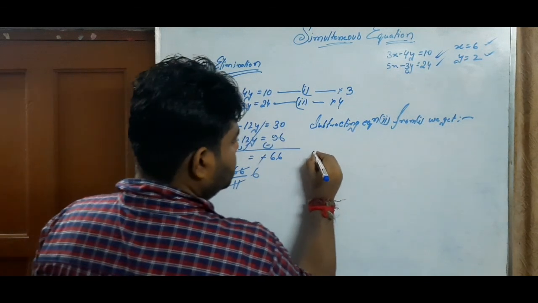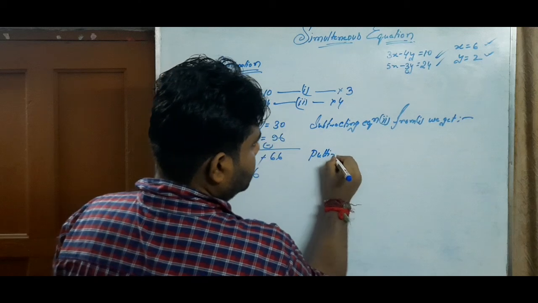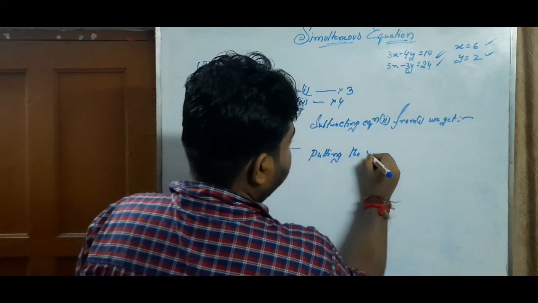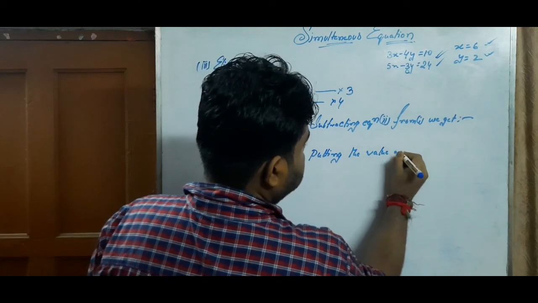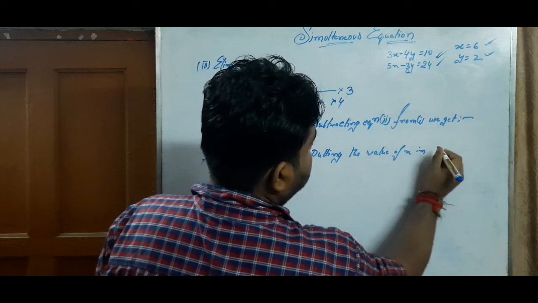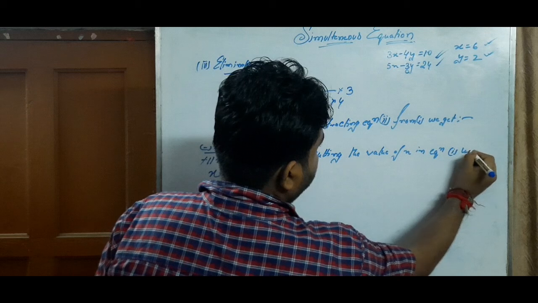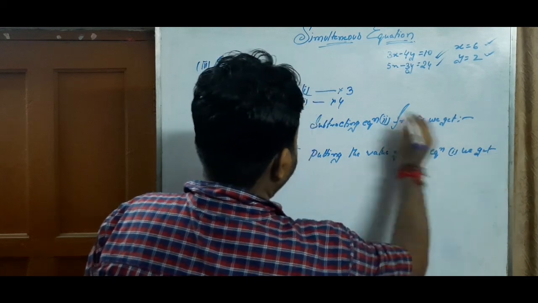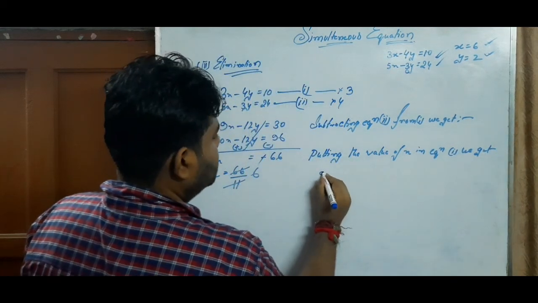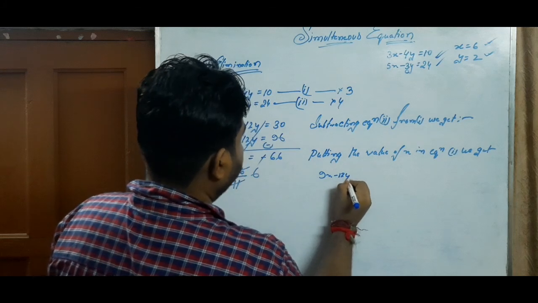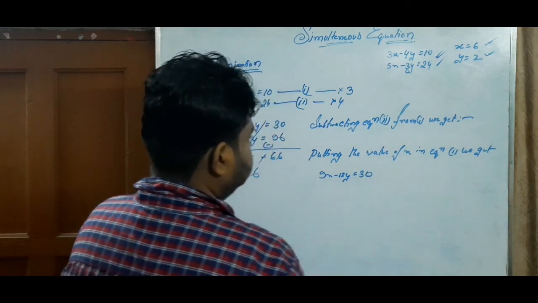Now putting the value of x in equation 1, we get 9x minus 12y equals 30.